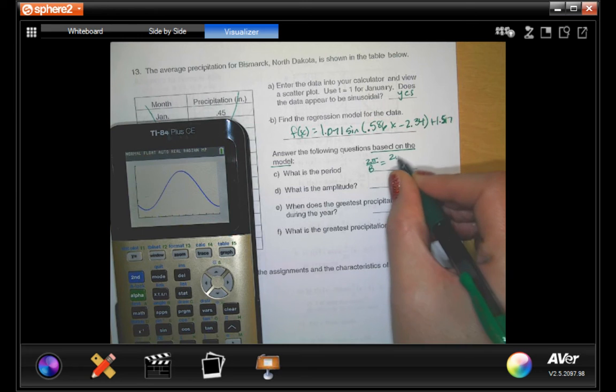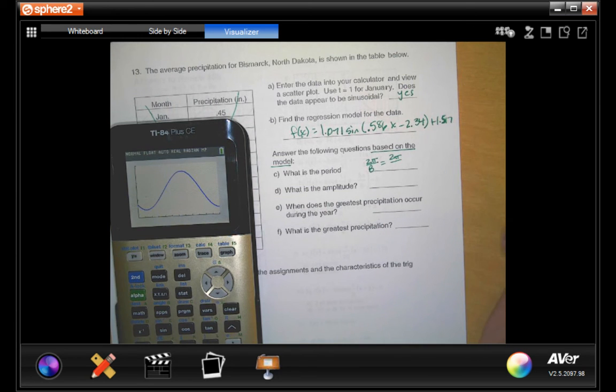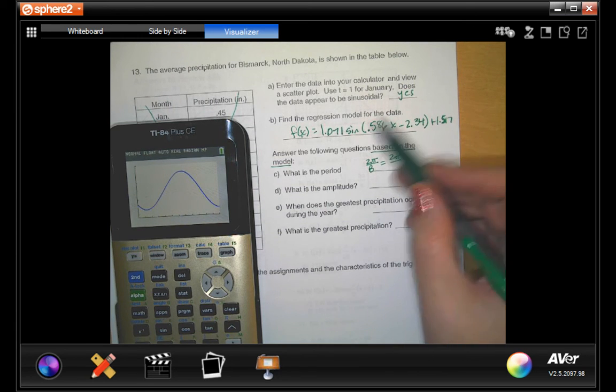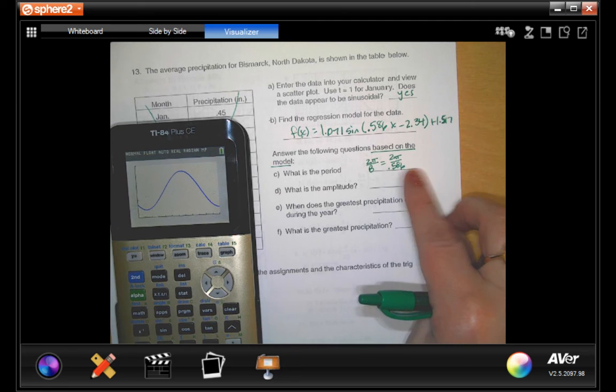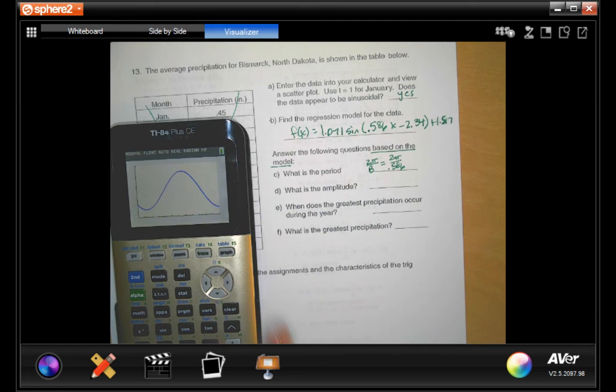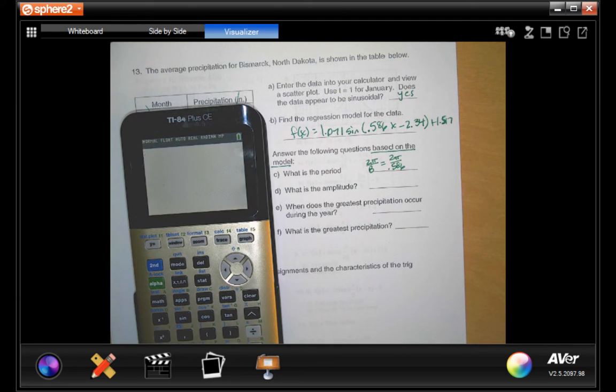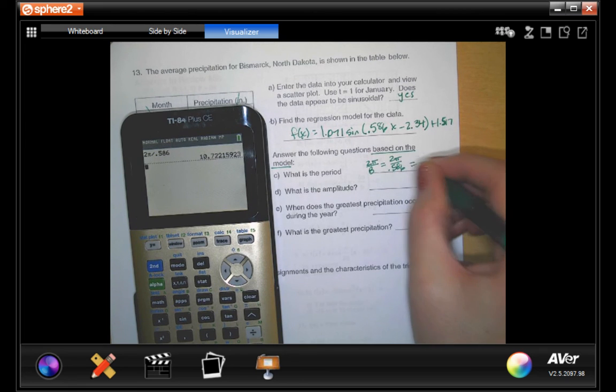So here we have 2 pi over what's b? Yeah, that 0.586. Now, this would be a decimal. So if we did 2 pi divided by 0.586, 10.722 is what I got.